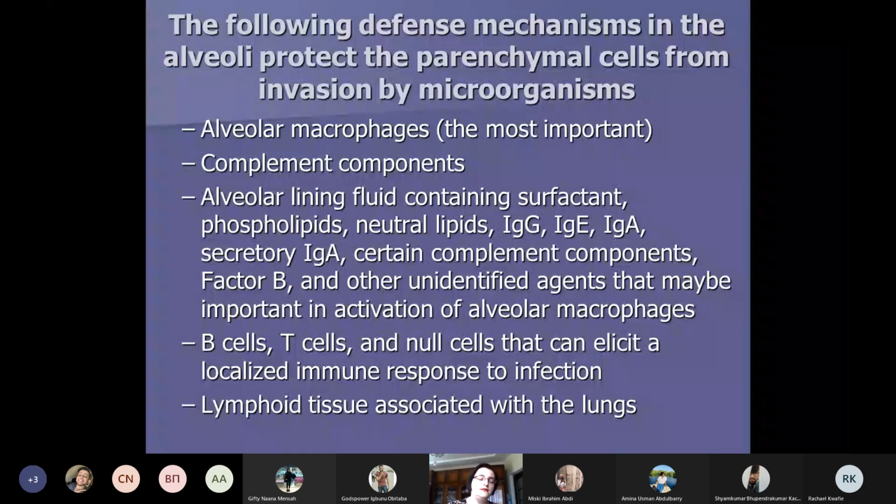Also B cells, T cells, and null cells that can elicit a localized immune response to infection, and lymphoid tissue associated with the lungs.